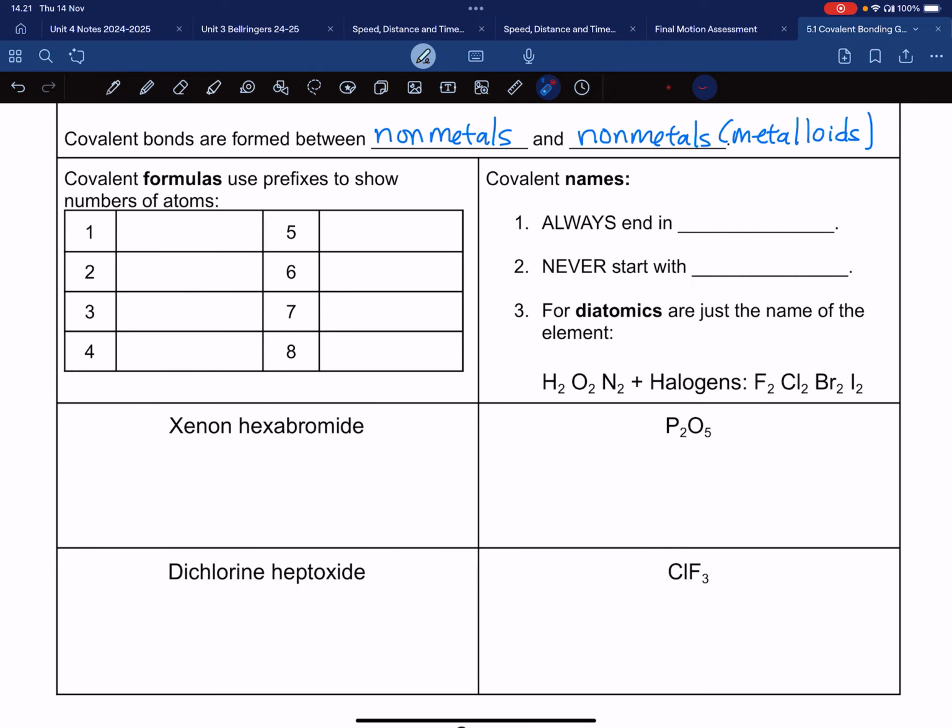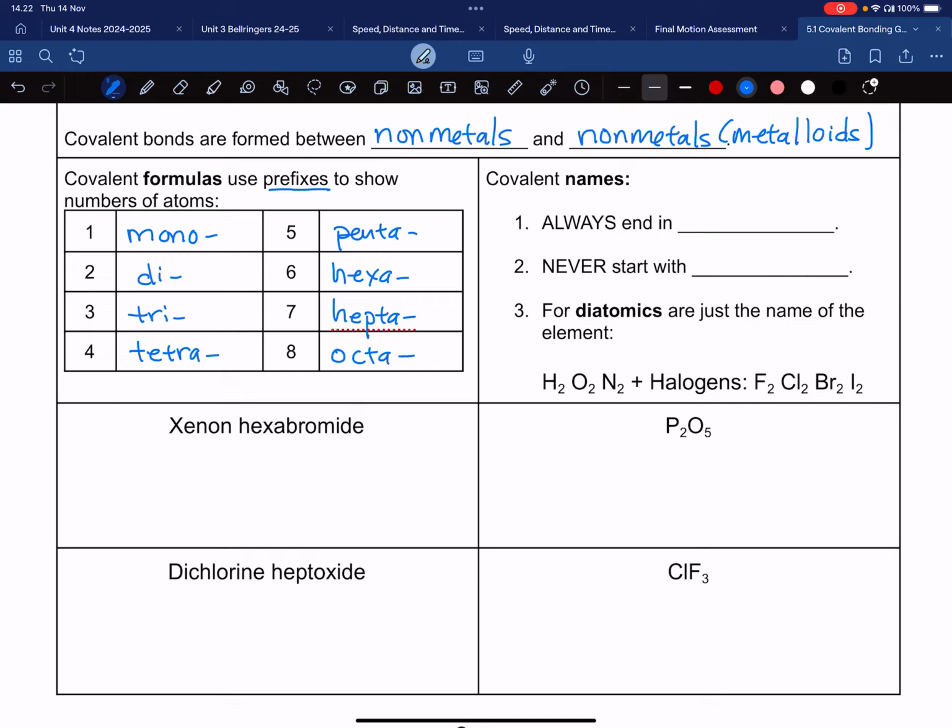From the what's in a name activity, you've already realized that we have these prefixes that we use to show number. Mono, di, tri, tetra, penta, hexa, hepta, and octa.